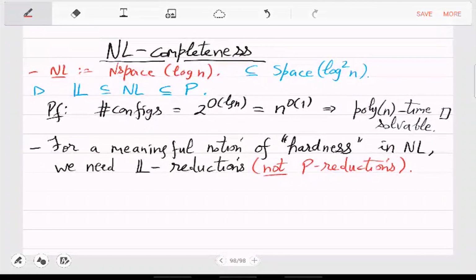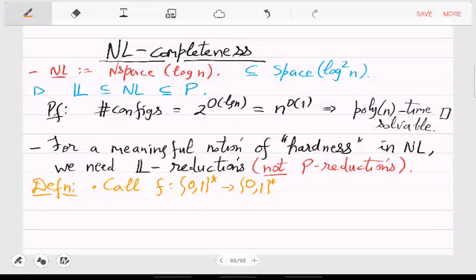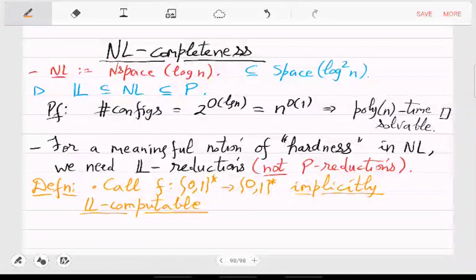and based on that, let us do the definition. So, call a function f from strings to strings implicitly L computable if, intuitively you want to call f implicitly L computable if the ith bit is computable in log space, right.